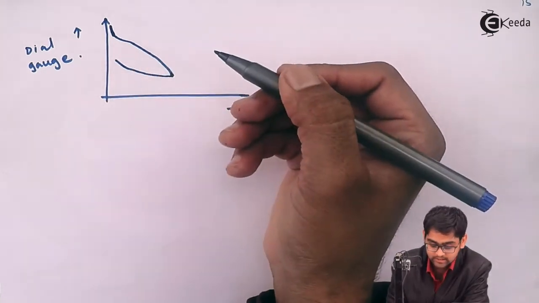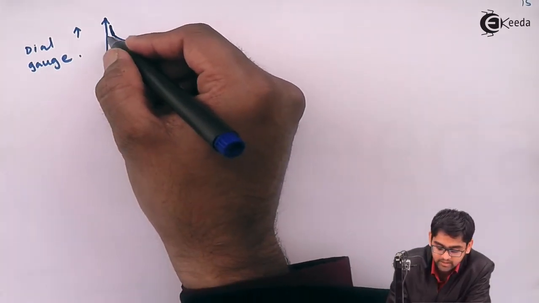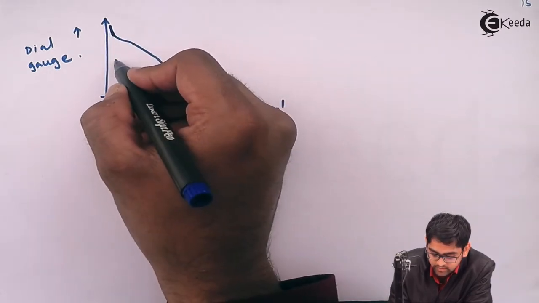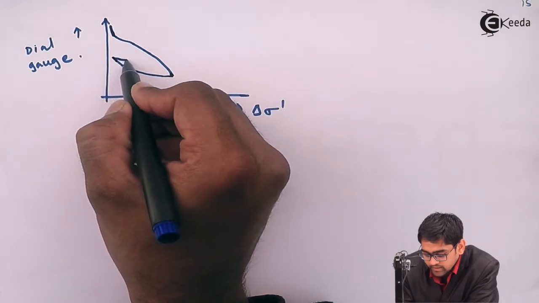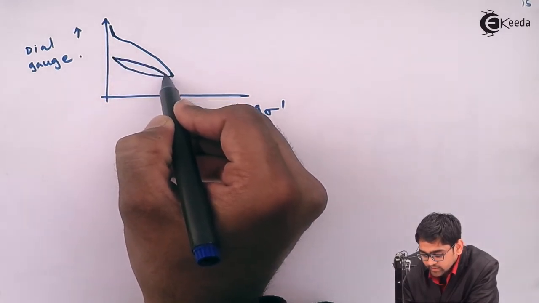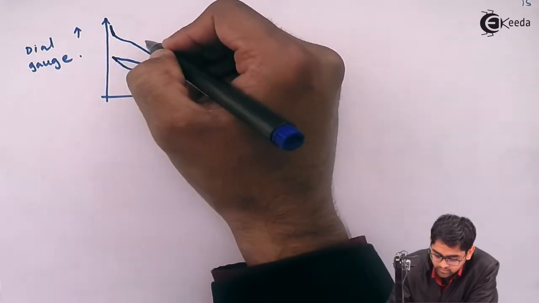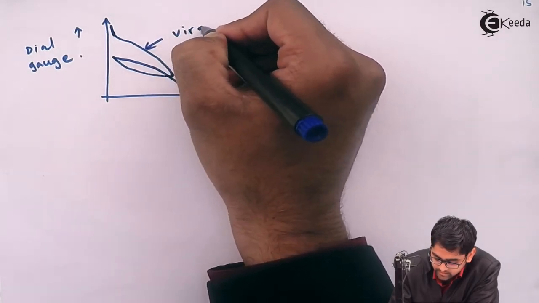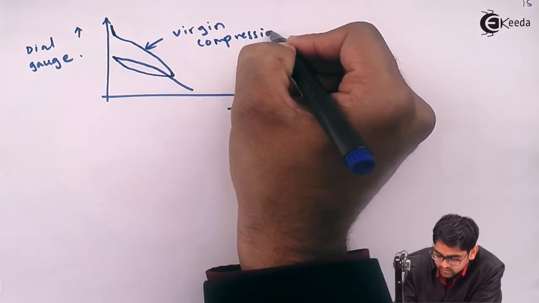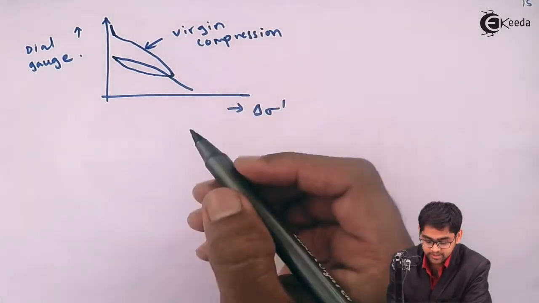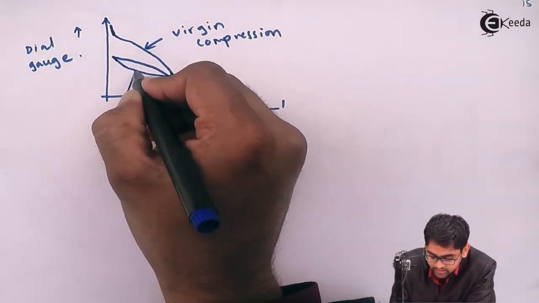Since the soil is not elastic, it will not go back to the initial point, it will go to some other point, and from there you will again compress it. So this is the recompression, and then this will be the virgin compression. This is the virgin compression part, since the soil is first seen here, therefore the name virgin. And this part is the expansion part.